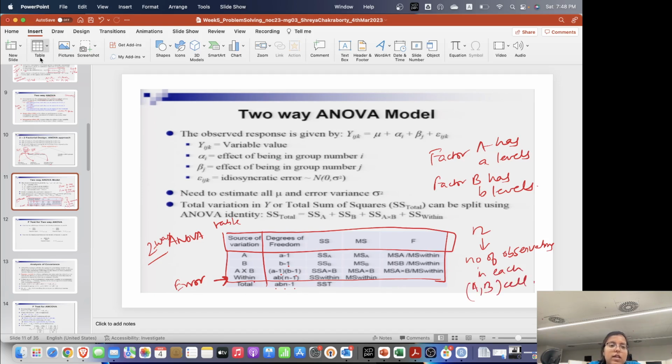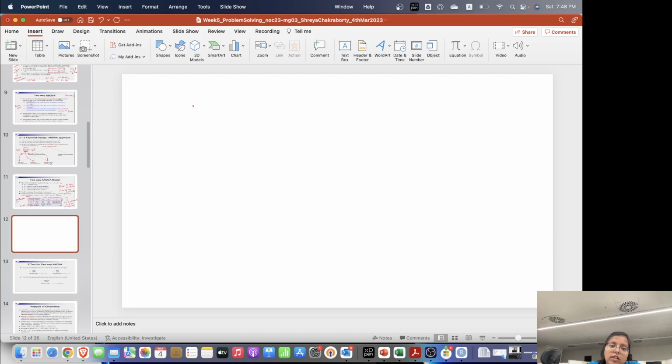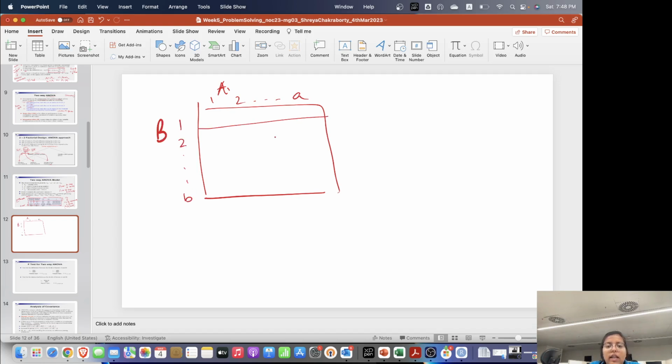So what I am trying to say is that, let us say, we have factor A with levels 1, 2, ..., A, and factor B with levels 1, 2, ..., B. In each of these cells, if we have n observations, then the total number of observations will be the number of boxes.